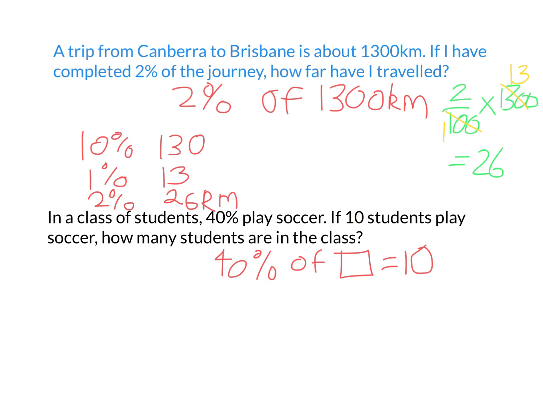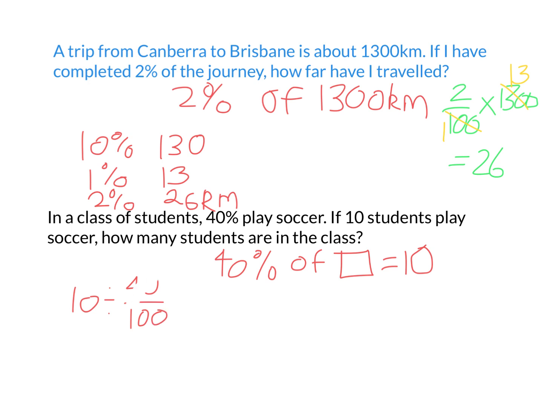So when you're finding the original amount, you have to do the opposite. Rather than timesing, we're going to divide. So instead of timesing 10 by 40 over 100, it's 10 divide 40 over 100. But to make it easier on ourselves, we might like to simplify this fraction.